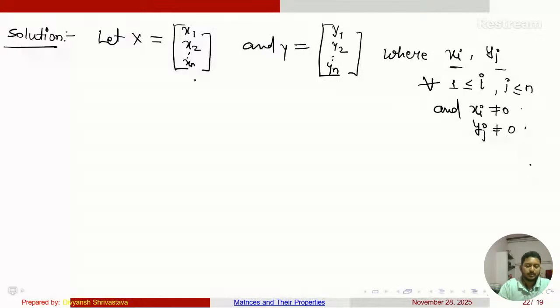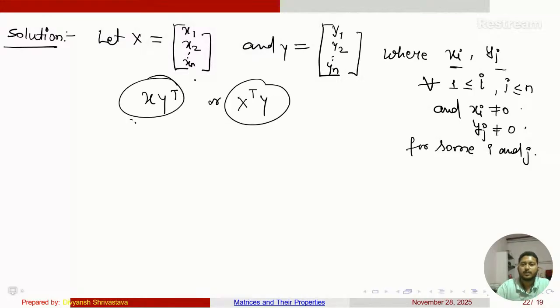These are the notations for these two matrices and these are the outcomes for some i and j. My first purpose is to represent this as x y transpose or x transpose y.